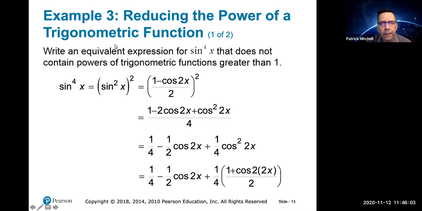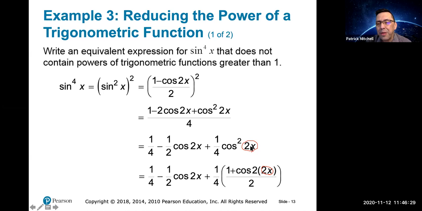The power reducing formula talks about cosine squared theta, right? So in this part of the problem, 2x is playing the role of theta. So just imagine that that circled thing was a theta.